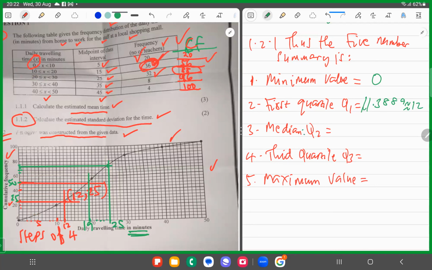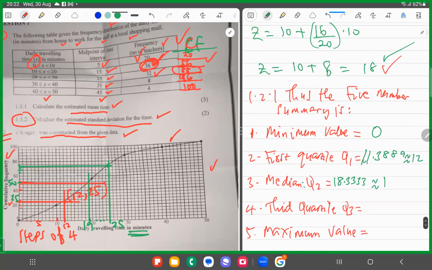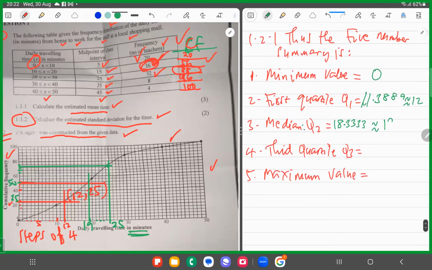Q2, which is the median value in the middle, is 18.3333, and we said it's approximately 19 in terms of what we got from the Ogive. But we calculated the accurate values for your question.